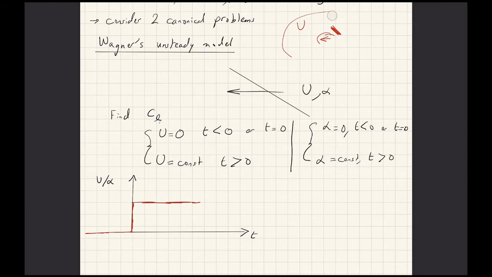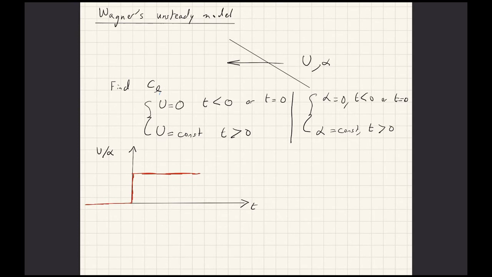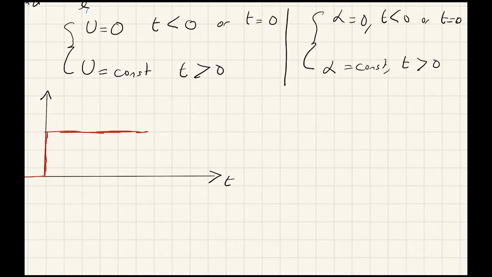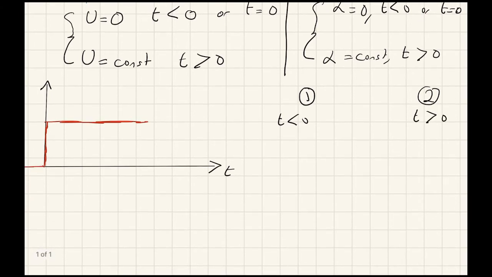And I'm going to try to formalize this in a better drawing. So I'm going to have two cases, 1 and 2, where 1 is t less than 0 and 2 is t larger than 0.